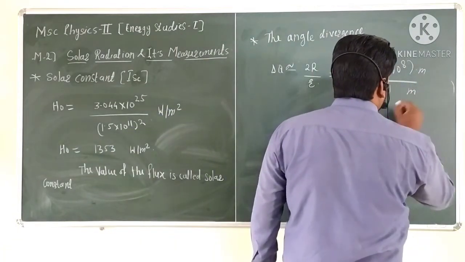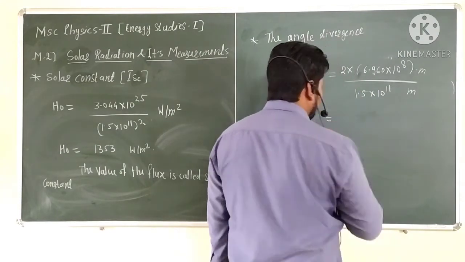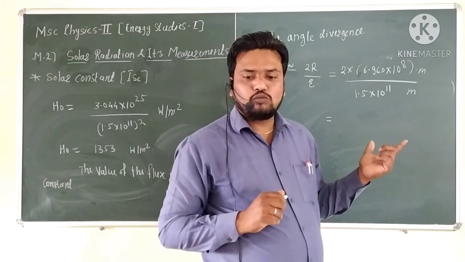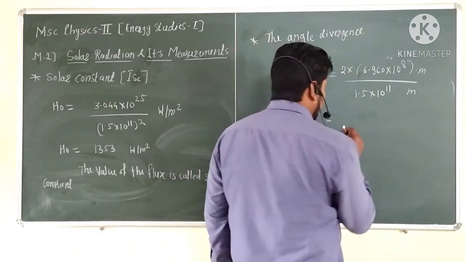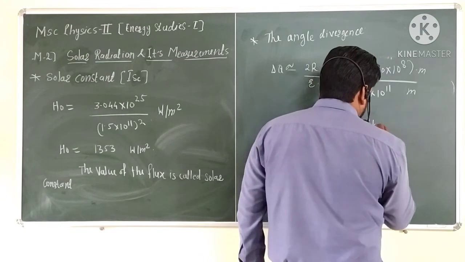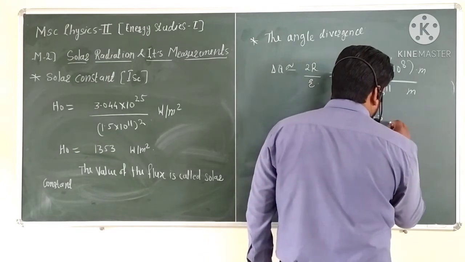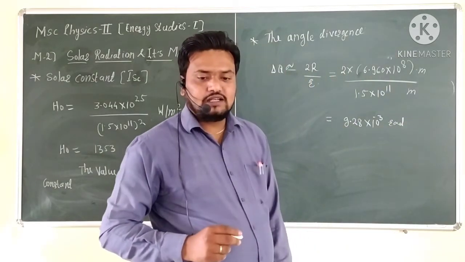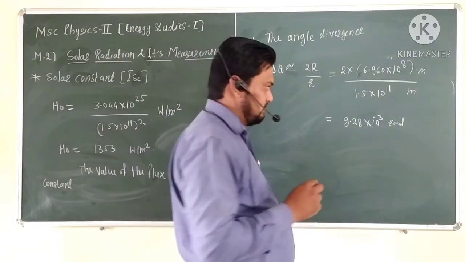Doing this simple calculation, the roughly value here is 9.28 into 10 to the power minus 3 radian.